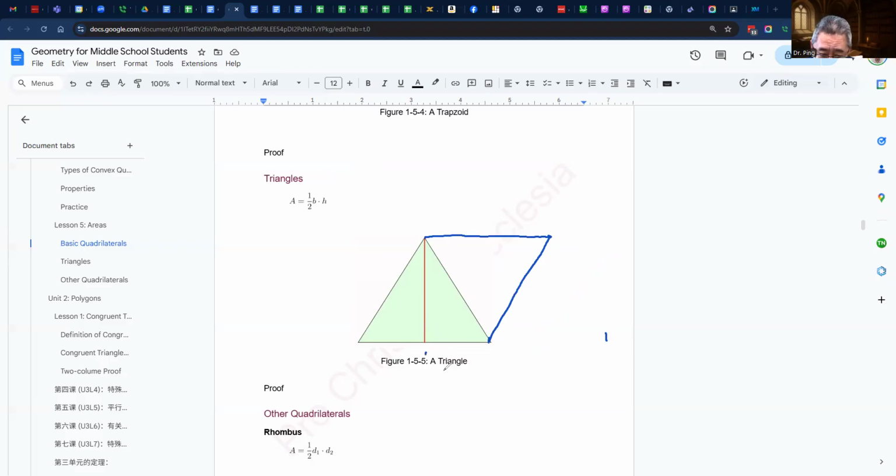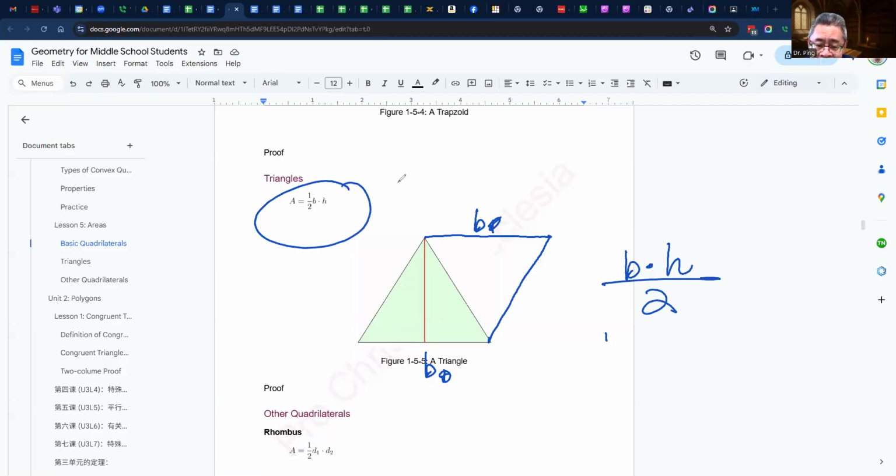So we know this is our base, and this is the same thing here, base and height. So the parallelogram is base times height. But our triangle is half of that, so we divide by 2. So that's where we get the triangle formula: area is half base times height. Good.